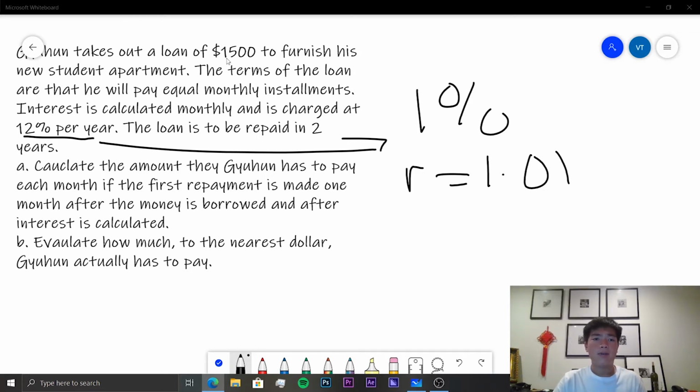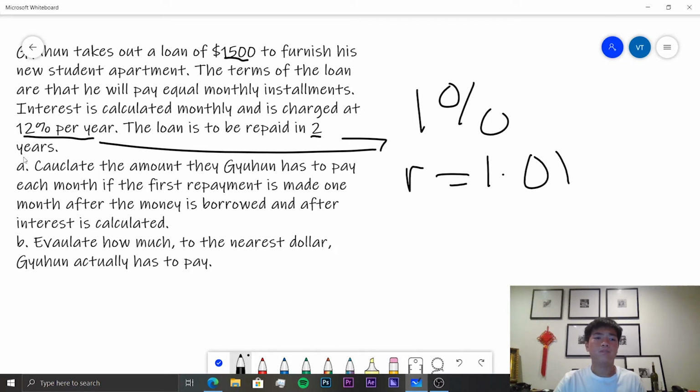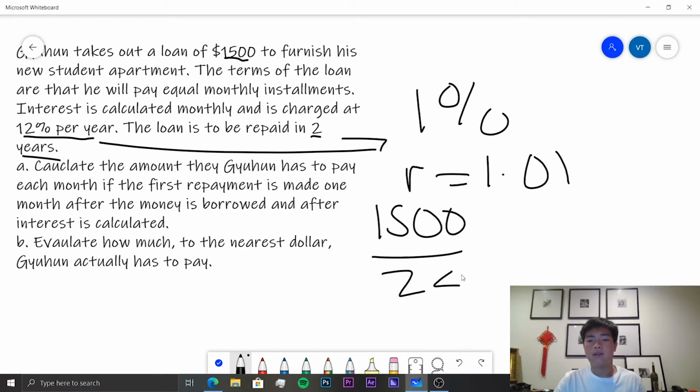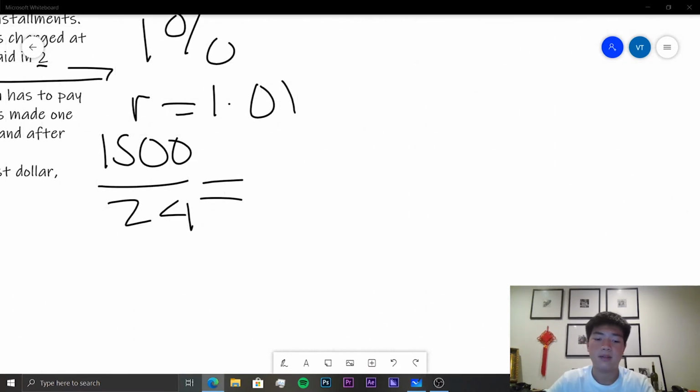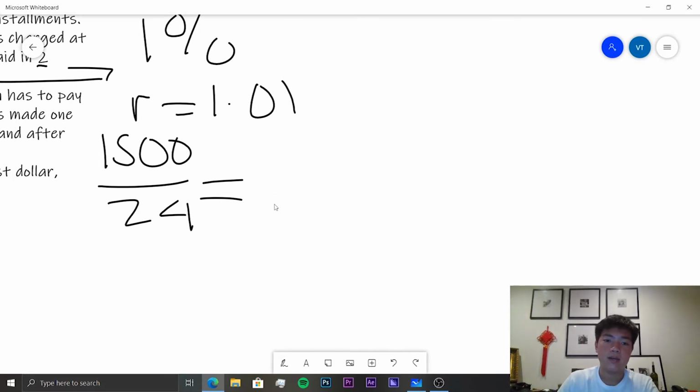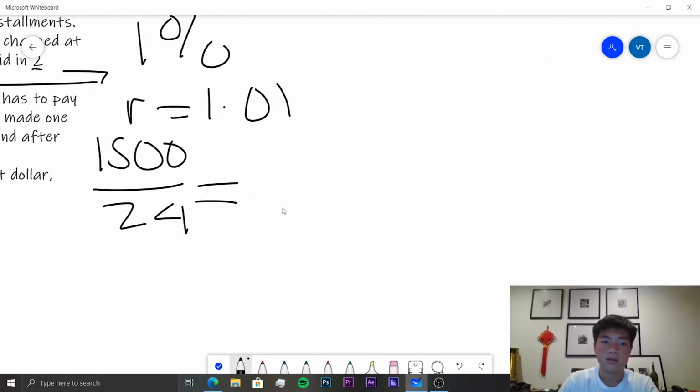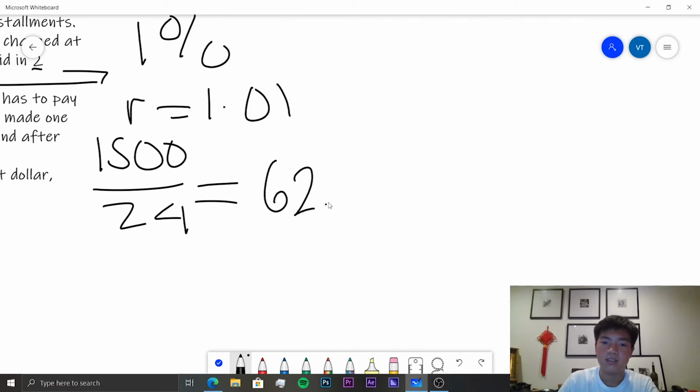So 1,500 divided by 2 years, which means 24 payments. So 1,500 divided by 24 is equal to the payment amount. So let's just see how much he has to pay each time. 1,500 divided by 24 is equal to $62.5.